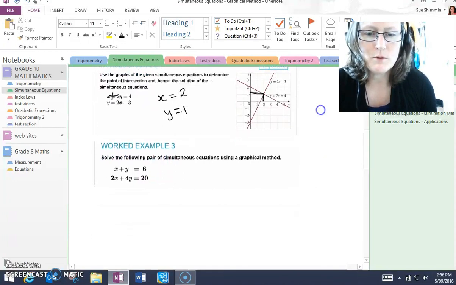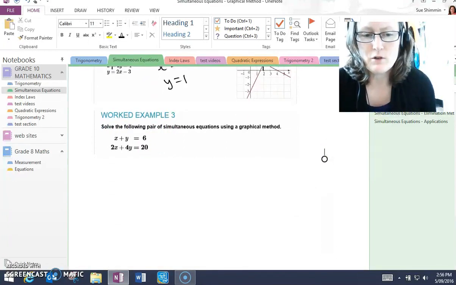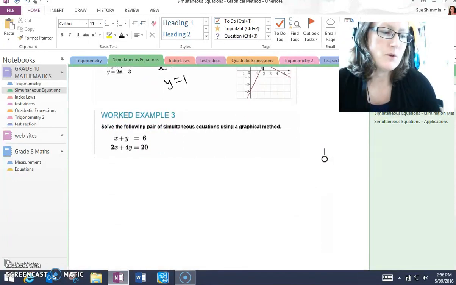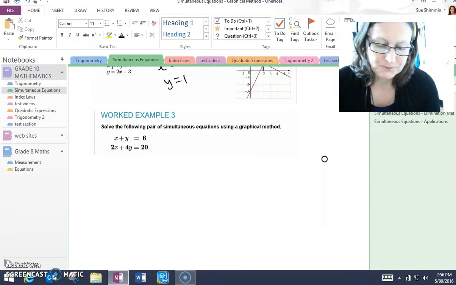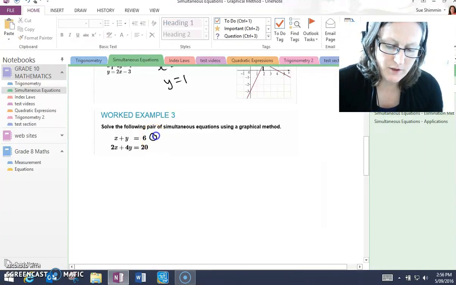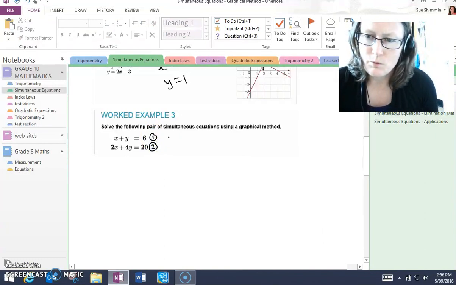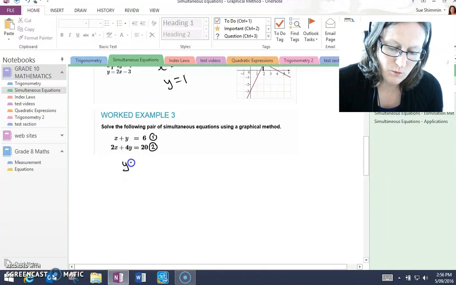Worked example 3 from your textbook, we need to graph these two equations. So I'll just give you a little reminder on how to do that. We need to graph them, and then once we've graphed them, we look at where they intersect. I'm going to call this one equation 1 and this one here equation 2. To graph them, I want to rearrange them into the form y equals mx plus c.